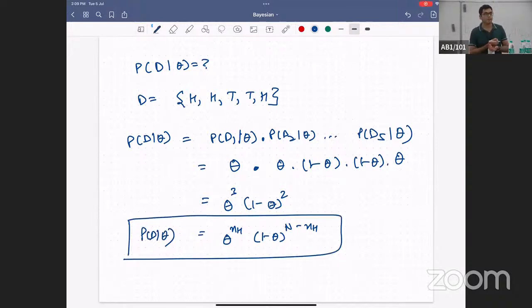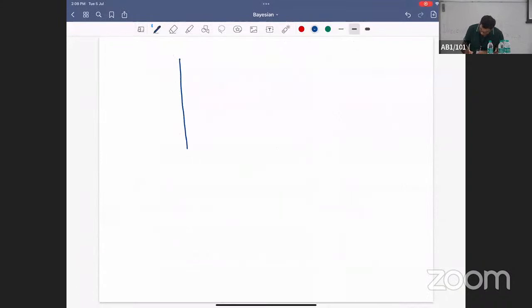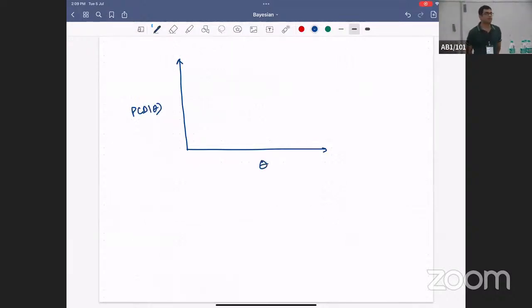Right. Now, what kind of a function is this? If we were to plot P of D given theta against theta, firstly, what is the range of theta? Theta is representing probability of heads, so the limits are 0 to 1, right?